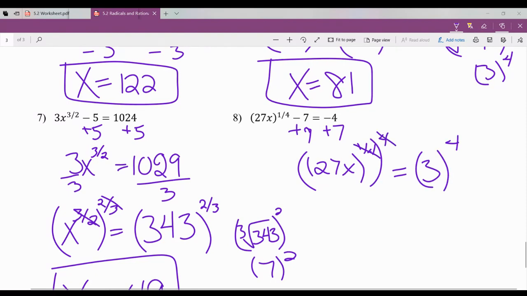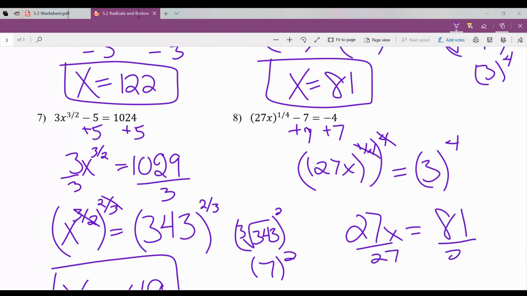The 1/4 and the 4 are going to cancel, so 27x equals 3 to the 4th is 81. Divide by 27. 81 divided by 27, x equals 3. Final answer.